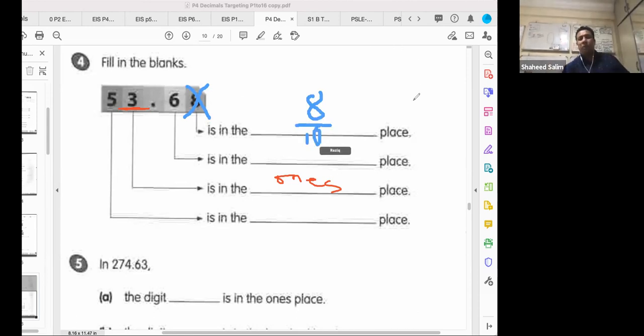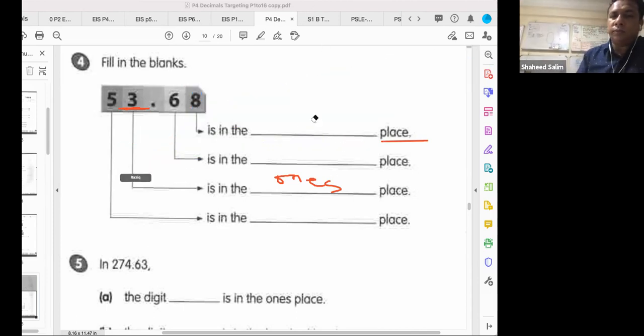But no, they ask you for place. You must write the position, not the value. You're writing value. What place is this? Okay, so this one is ones, tenths, then hundredths.